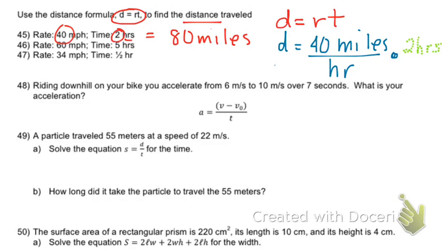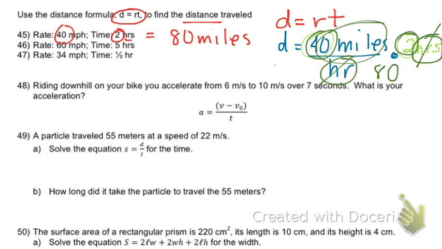There we go. And so when I multiply these, I get 40 on top times 2 on top. Okay, numerator times numerator. That's 80. And then hours will cancel with hours on the bottom. And my units are clearly miles, and that's the only unit I have left. And that works for all of 46 and 47 as well.